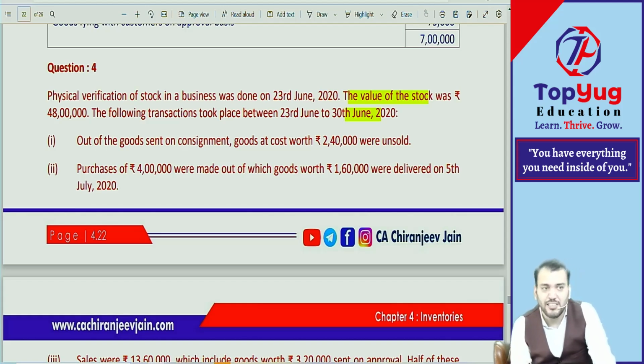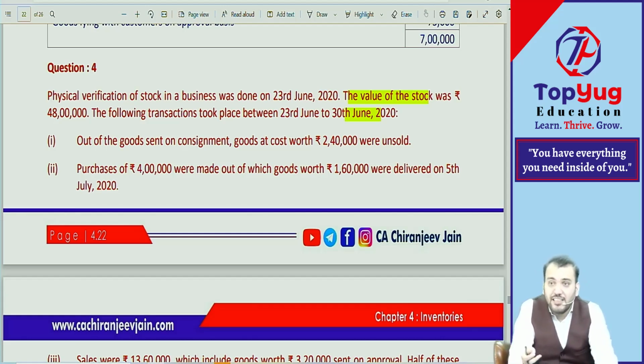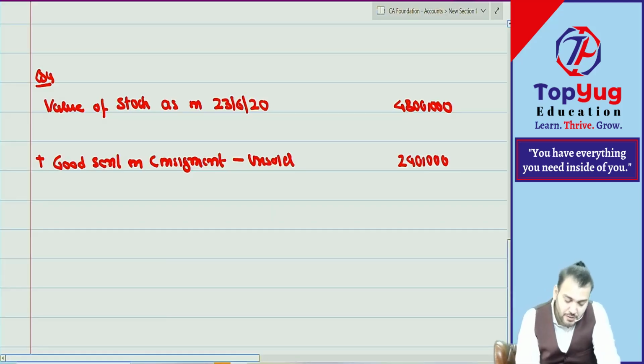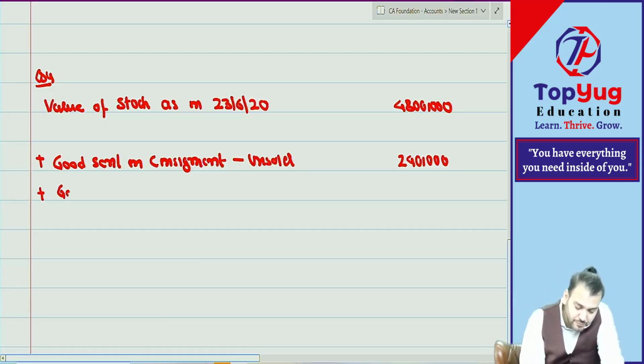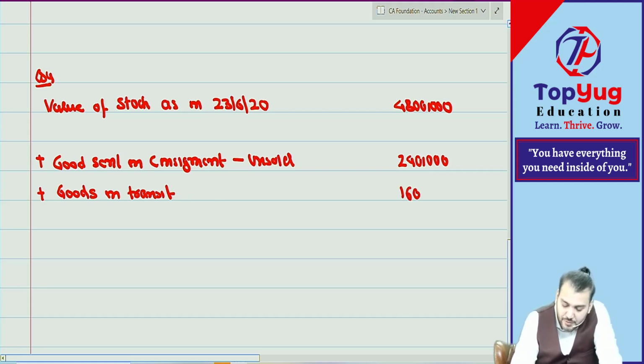But it will also be a part of stock only. So this is nothing but purchase but not received. So it is a part of stock, right now in transit. Any goods which are in transit will also be stock only. So we'll add it: plus goods in transit, 1 lakh 60,000.